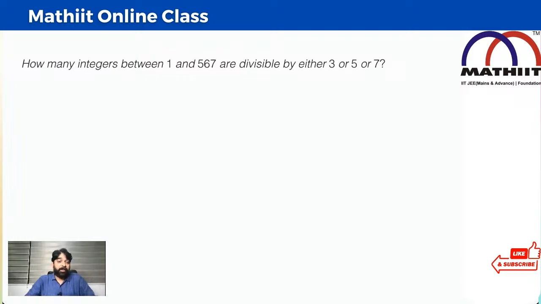Three jobs are there. Job A, counting numbers divisible by 3. Job B, numbers divisible by 5. Job C, numbers divisible by 7. Then you have to proceed further.